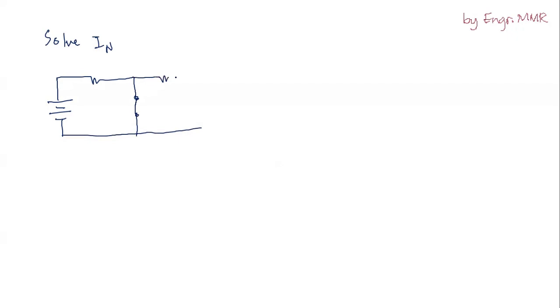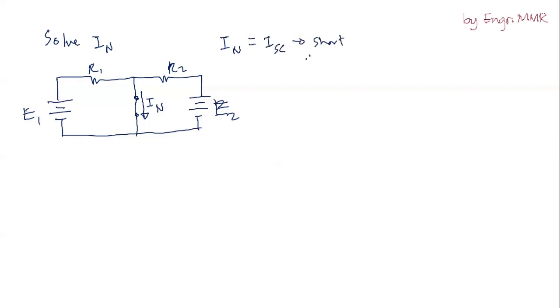Then we have the R2 and the E2. So we label this. The current that flows through the short-circuited terminals, we call IN, sometimes called ISC, the short circuit current.